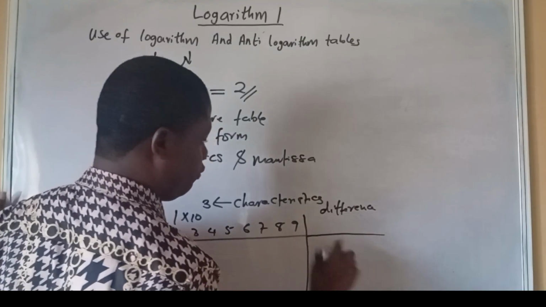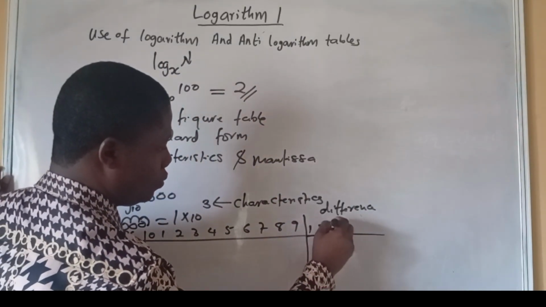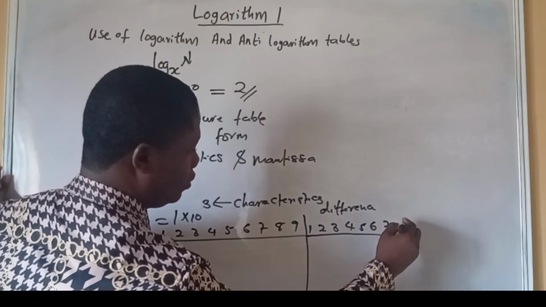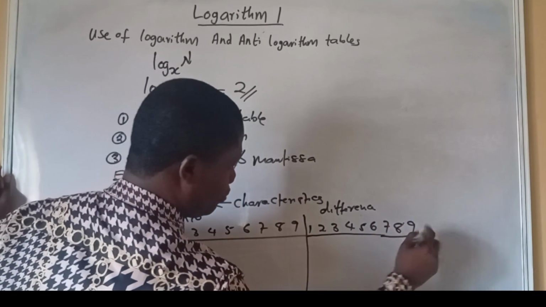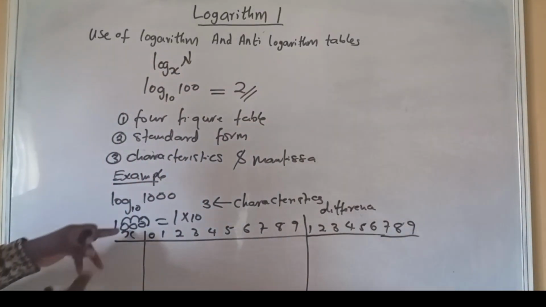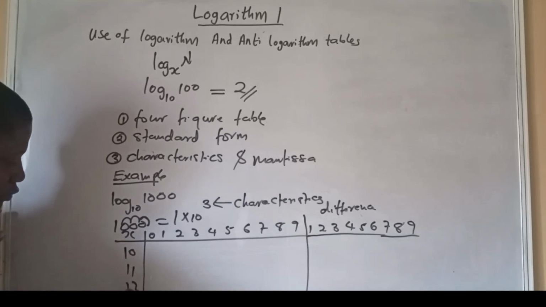The difference starts from 1, 2, 3, 4, 5, 6, 7, 8, 9, and stops at 9, right? Now under your X, you will see 10, 11, 12, 13, 14, and so on.